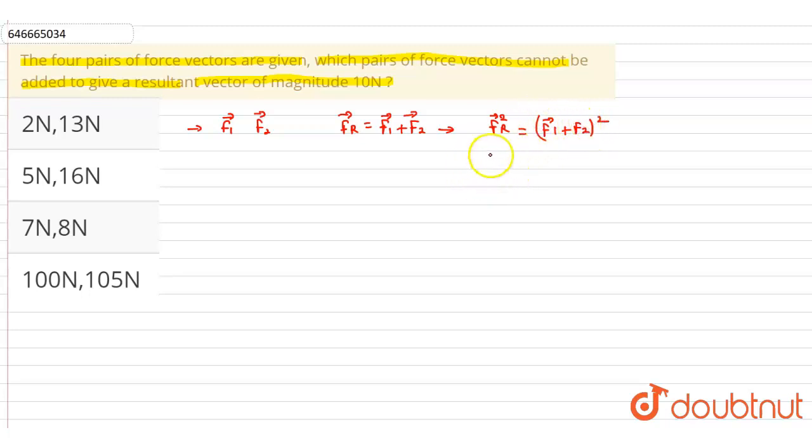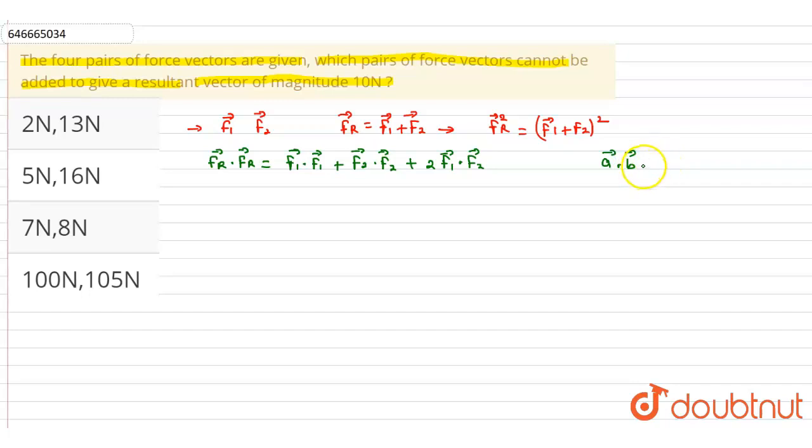So it can be written as Fr dot Fr is equal to F1 dot F1 plus F2 dot F2 plus 2 F1 dot F2.